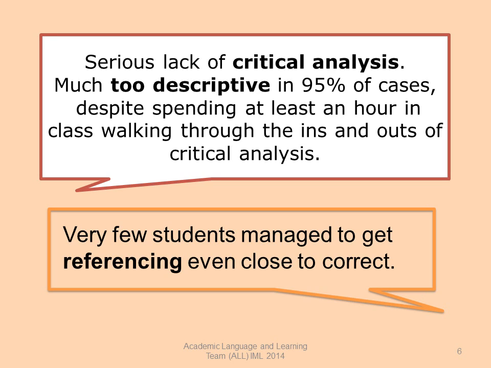The other thing tutors complain about is that few students manage to get referencing right. So there are a lot of resources that I've put online on UTS Online that'll help you reference better, and today we'll have a little look at referencing.